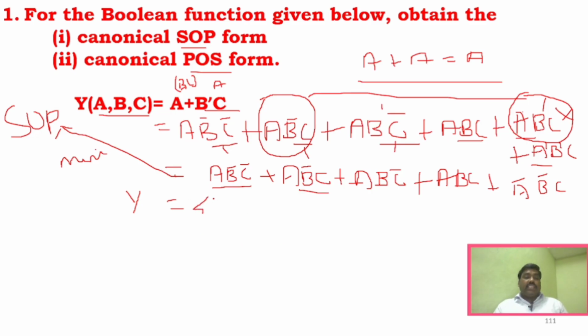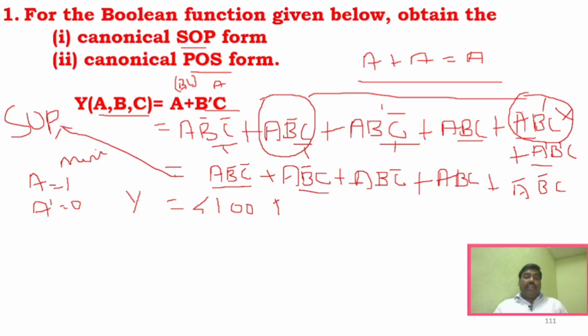How will I represent it? We know that in Minterm, if it is A, it will be 1, and if it is A bar, it will be 0. So here it is A, so I'll write 1, 0, 0.